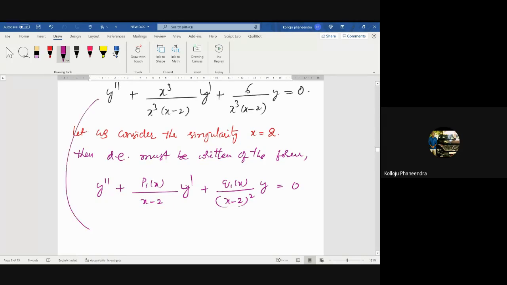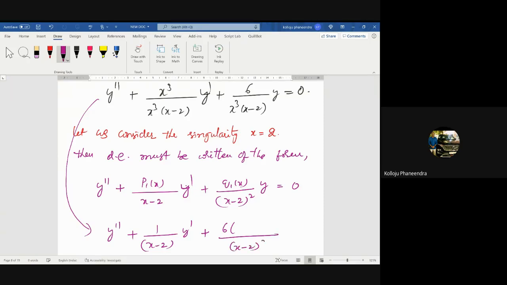So this equation can be taken as y double dash plus 1 by (x minus 2) y dash plus, next, I have to get (x minus 2) whole square in the denominator. So 6 into, in the denominator, I have to write (x minus 2) whole cube and x cube. Here x cube gets cancelled. And what about Q(x)?